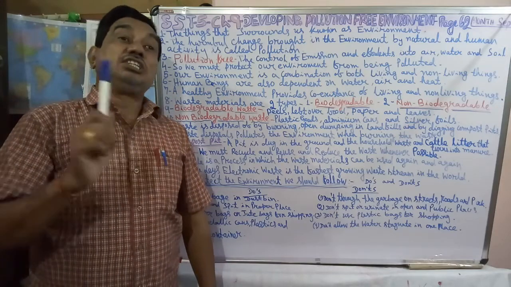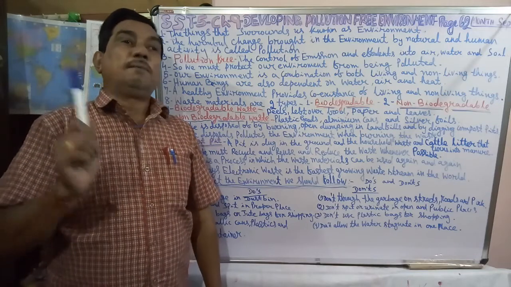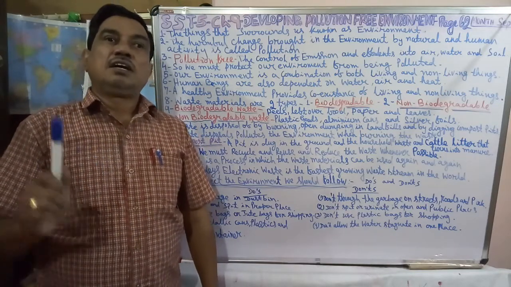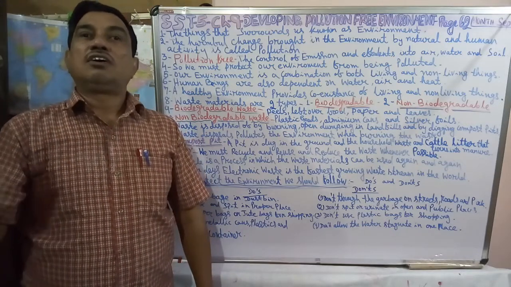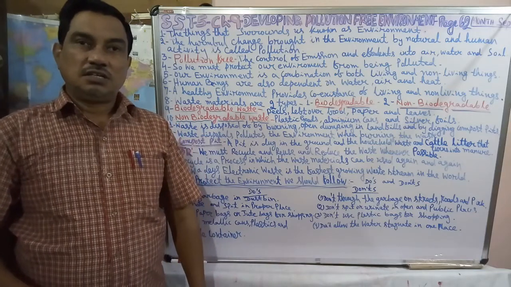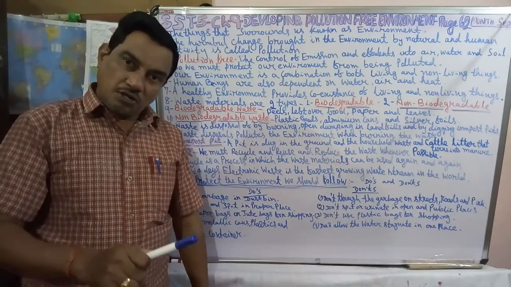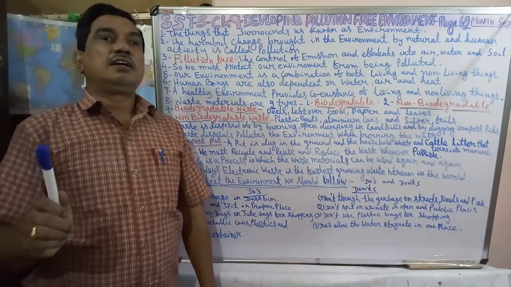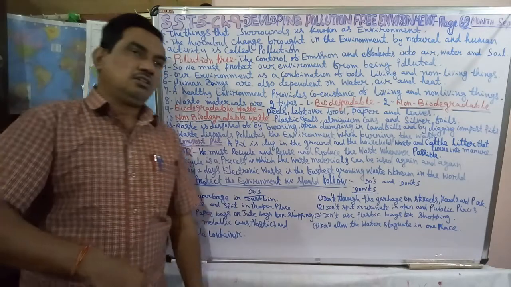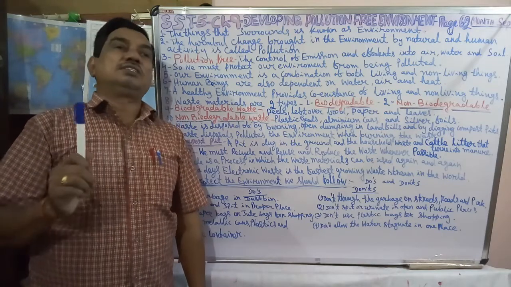The waste is disposed in three ways: burning, open dumping in landfills, the vast land area, and by digging compost pits.